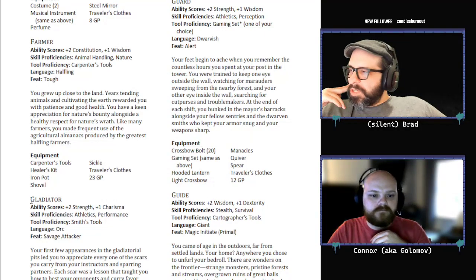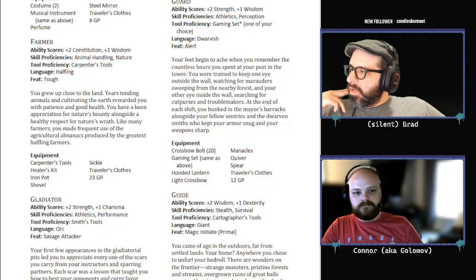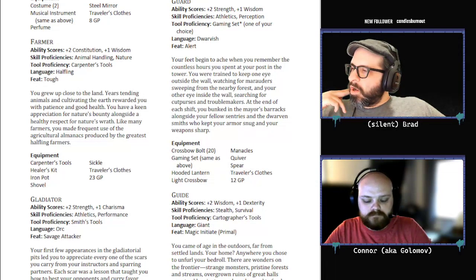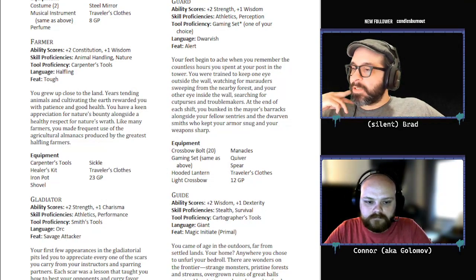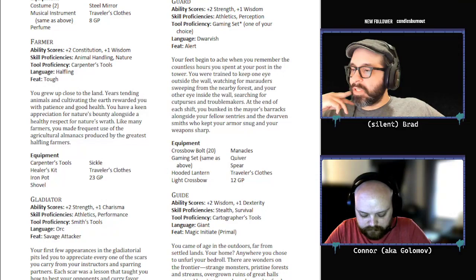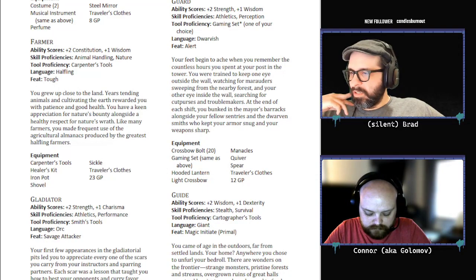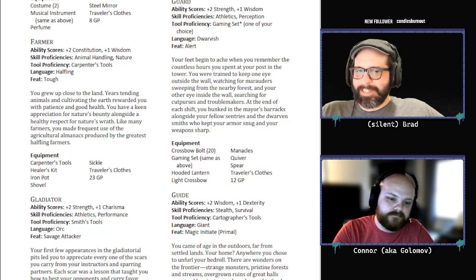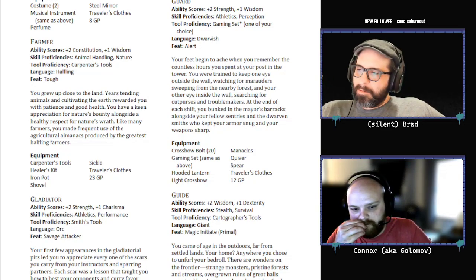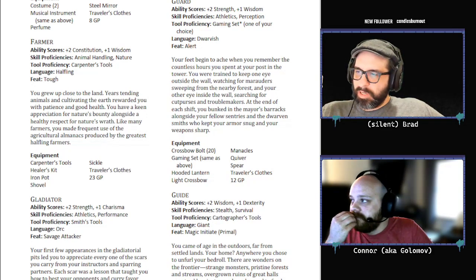So then we come to Gladiator. This is the one that the guy on Twitter was very upset about, saying it's racist. But again, it's a sample. Ability scores, strength and charisma.